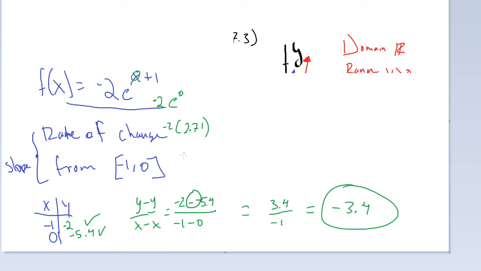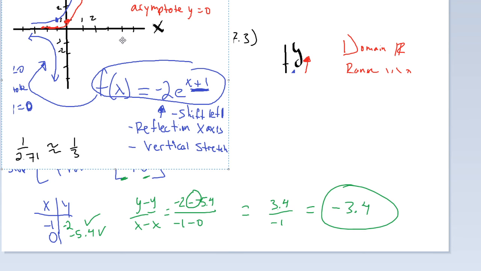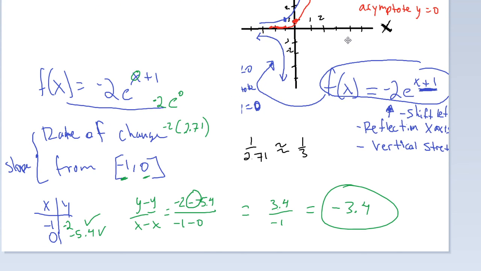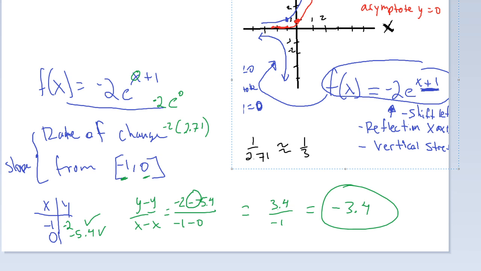So between negative 1 and 0, that graph that we had earlier, this graph right here, between negative 1 and 0, this actually goes down more like this.